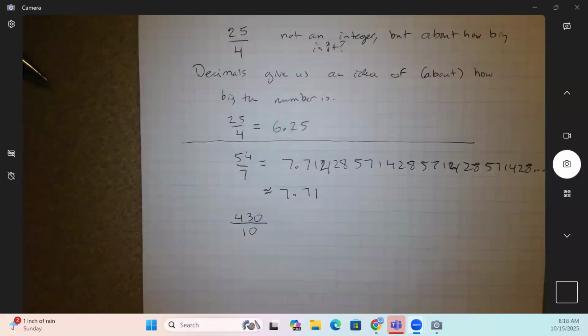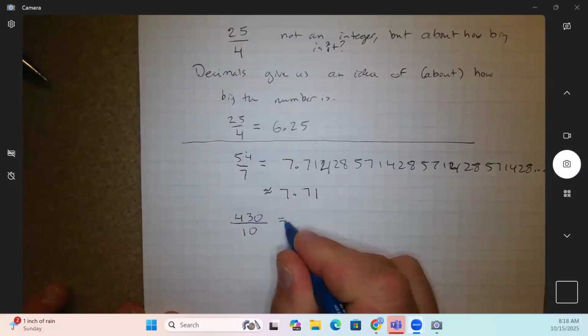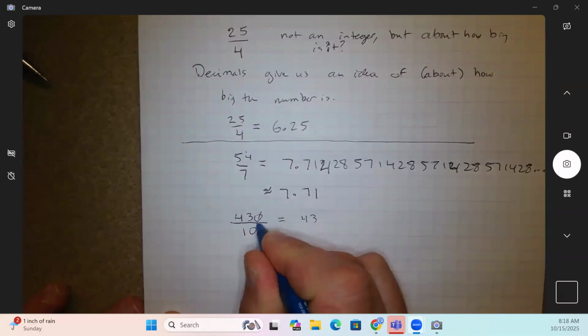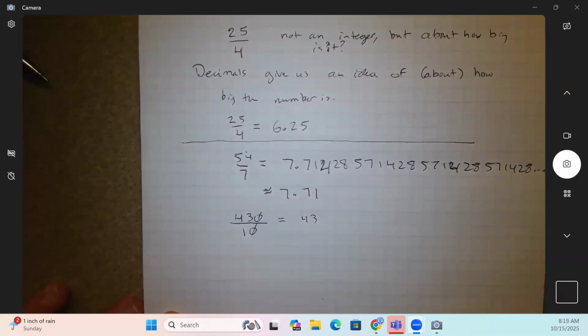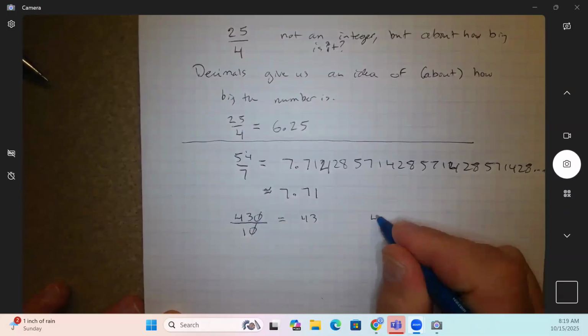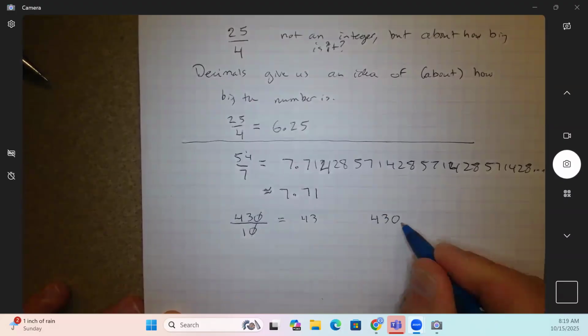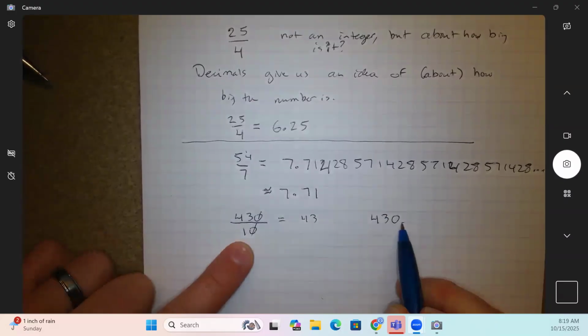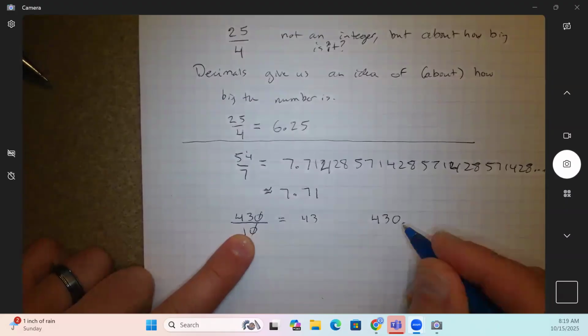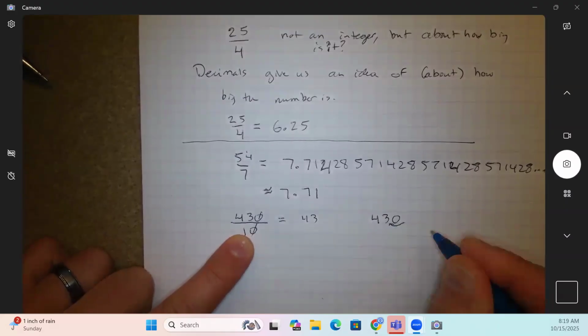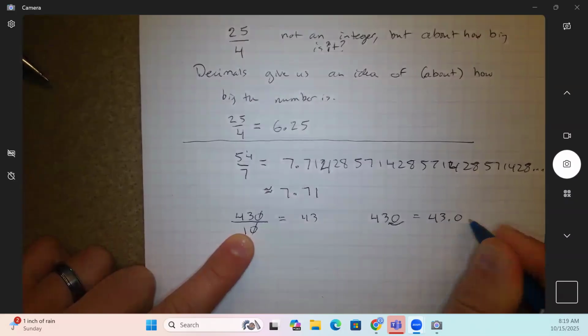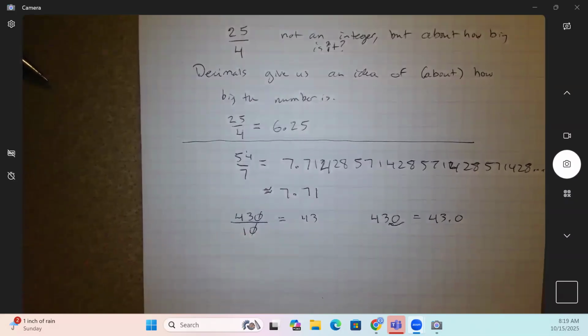Or 430/10. That's 43 because we can kind of cancel the zeros, right? But the other way to look at that is to say we took 430 before the decimal point, and dividing it by 10 moves the decimal point one place that way, 43.0.